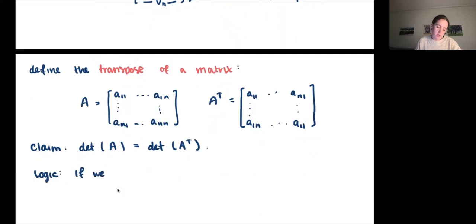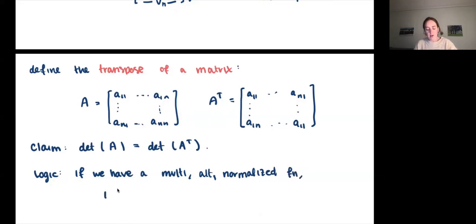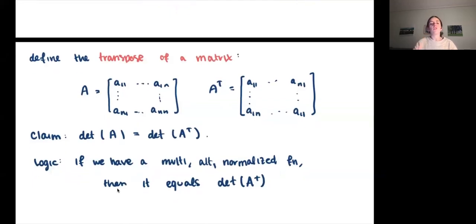If we have a multilinear, alternating, normalized function, then it equals det of A transpose. So this is the function. It sends a matrix A to the determinant of the transpose of that matrix. We also showed that the determinant was such a function.